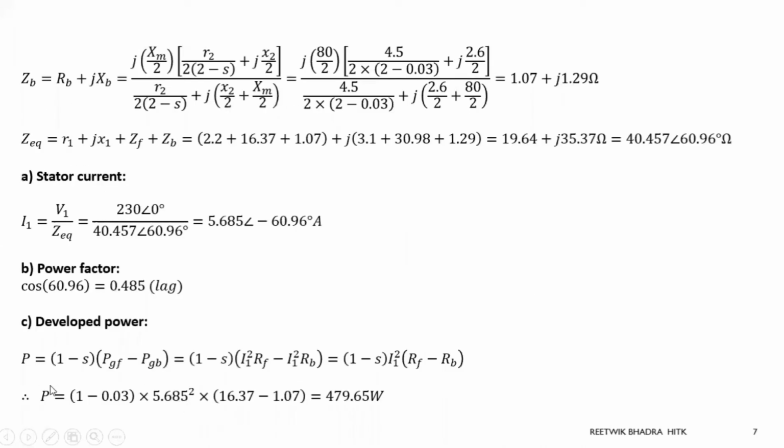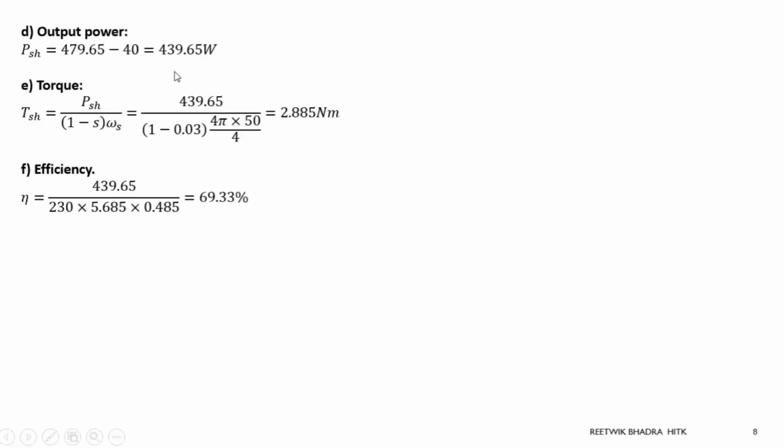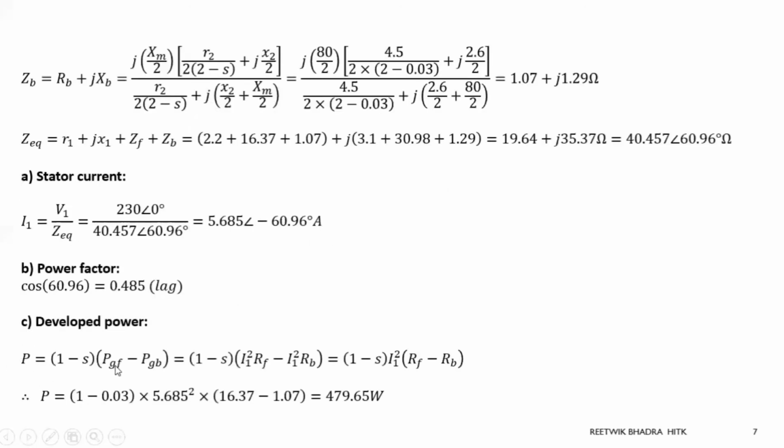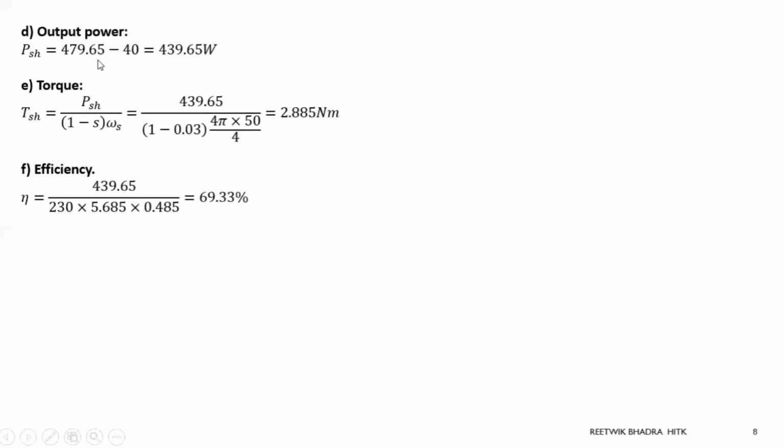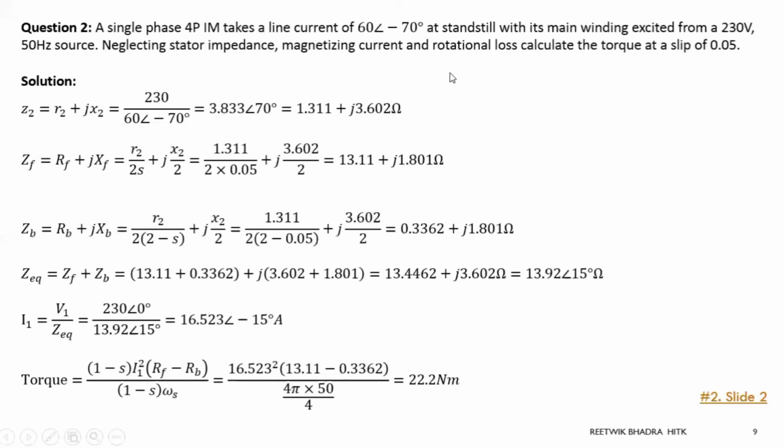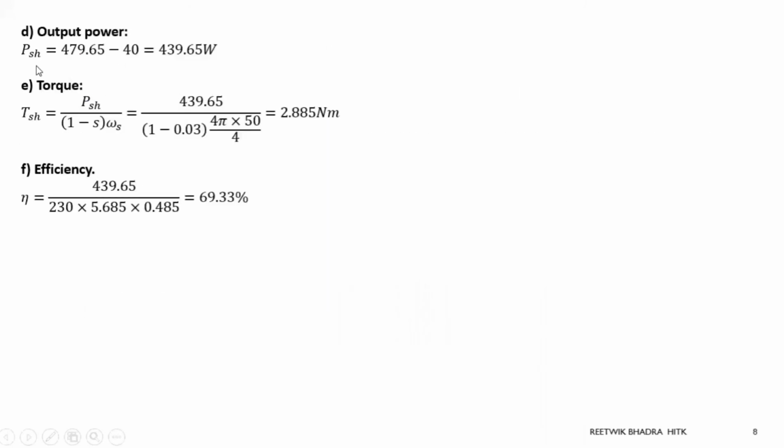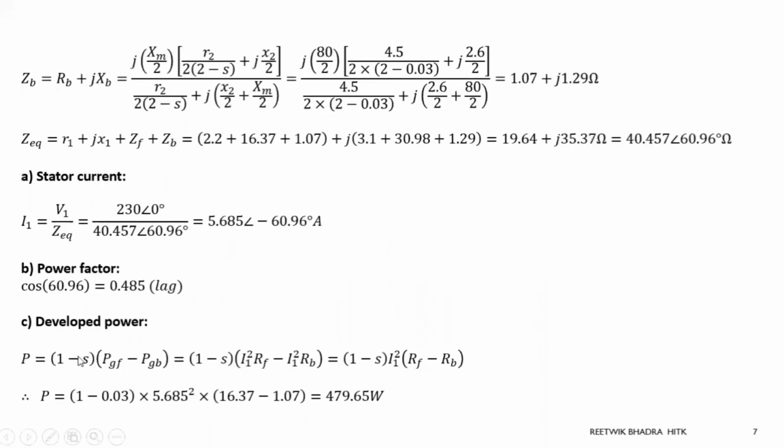The torque is nothing but this P minus your rotational losses, divided by 1 minus S into omega S. What is this P? 1 minus S into PGF minus PGB minus your rotational losses. Since in this problem rotational losses are not given, can I say this PSH, what we have obtained last, is nothing but this PM or this developed power? Yes, because no rotational losses are given.